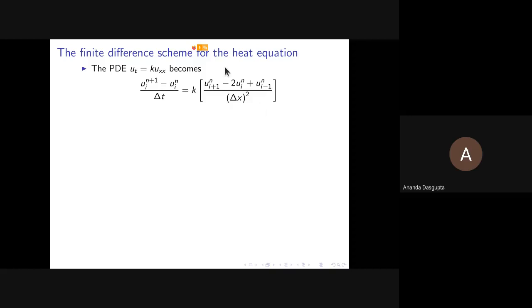To find out u_0^1 from this equation, what you need is the value of u_0^0, which you do know. And what do you need to calculate the right hand side? u_1^0, which you know, minus twice u_0^0, which you also know, plus u_{-1}^0, which makes no sense whatsoever.